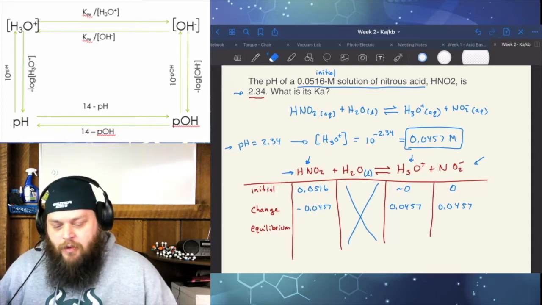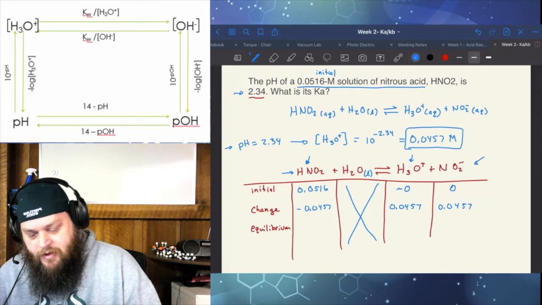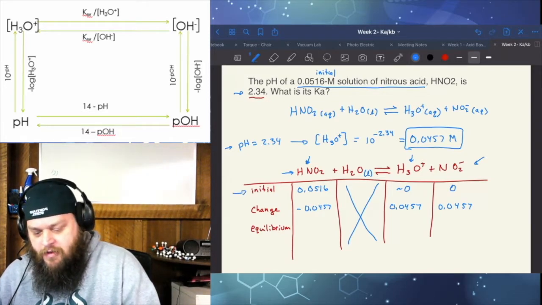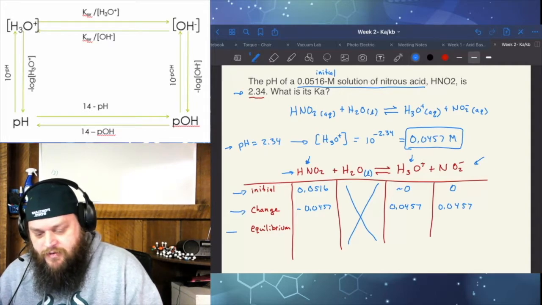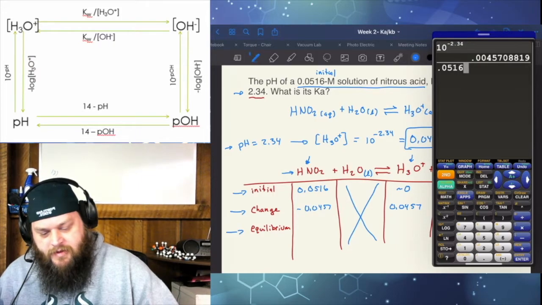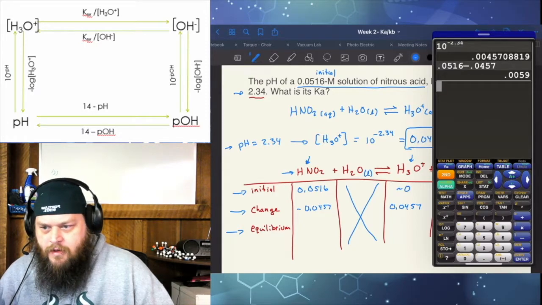So then at equilibrium, we can just add these values up. So if we took 0.0516, our initial, and we subtract from that our change, we should find our equilibrium value in this case. 0.0516 minus 0.0457 is, did I type that in right? I did.